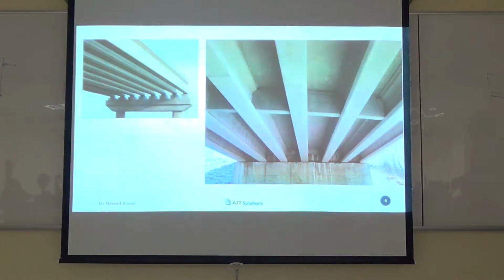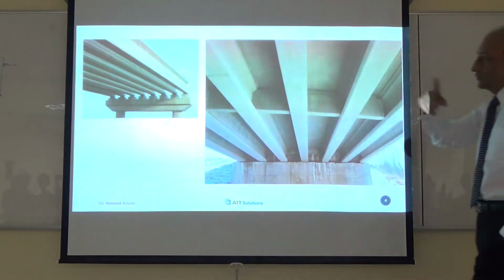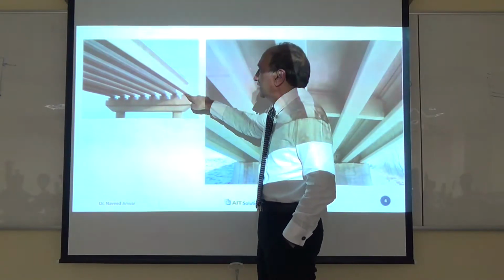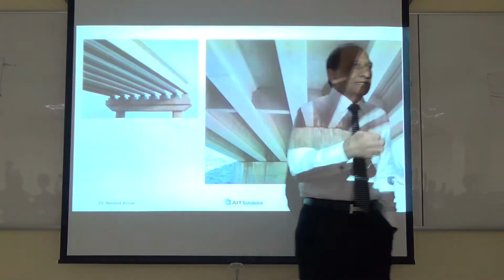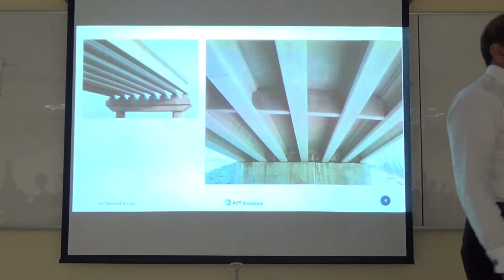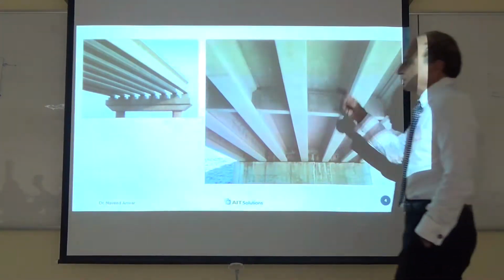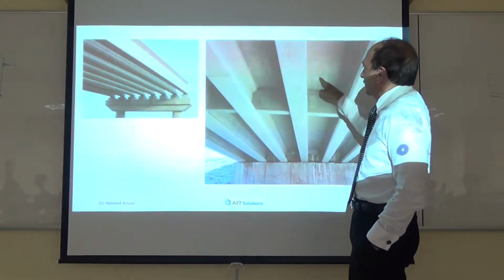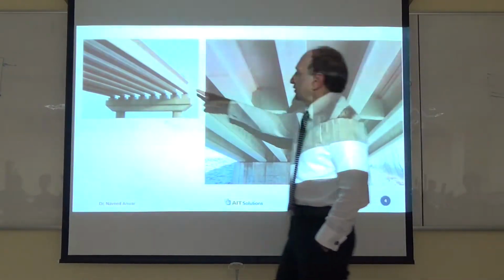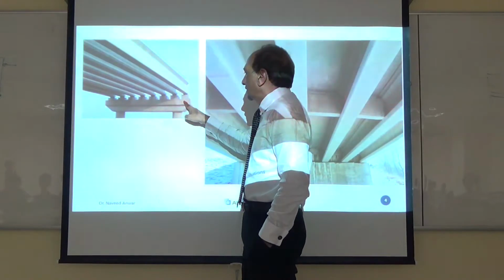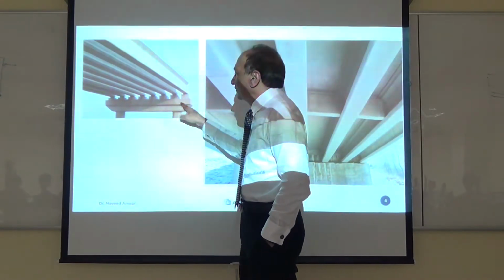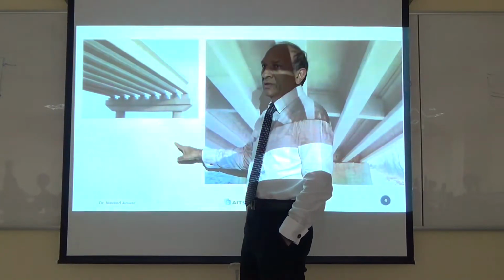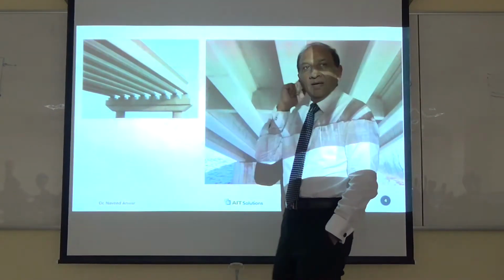If you look at the substructure and the superstructure, most of you have seen a lot of them. So that is the superstructure, that is the substructure, and they are connected by bearings, or they are sometimes connected by real connections. And people assume that the slab will transfer the load to the girders, and girders will transfer the load to the top of the pier, and then pier will transfer the load to the pile cap, which will transfer to the column, which will transfer to the foundation.